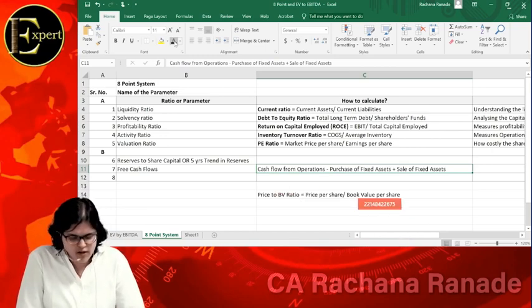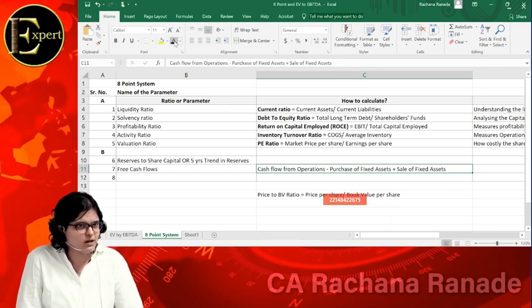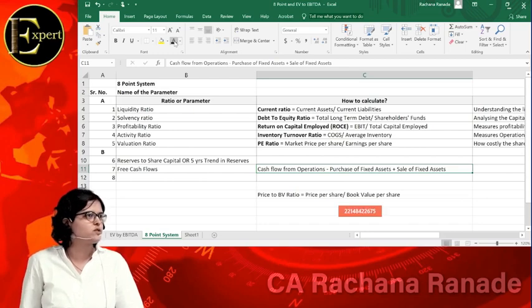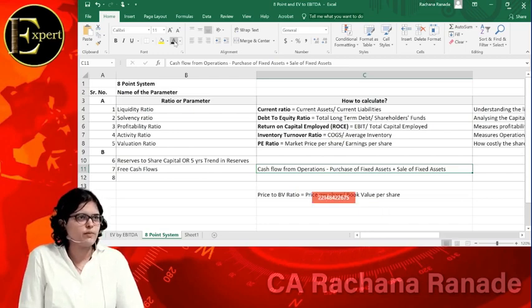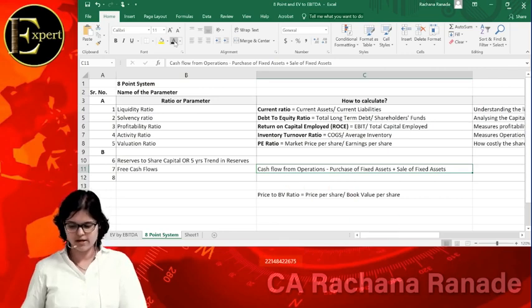And where were you getting all this information? In balance sheet, in P&L, in the cash flow statement. Entire information you'll get in the cash flow statement. So if you feel you might forget this, also write it down.